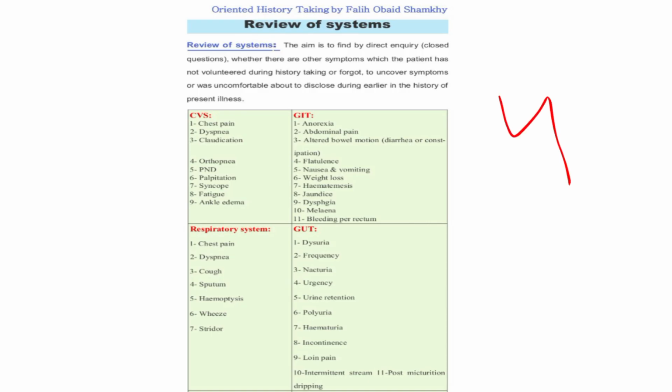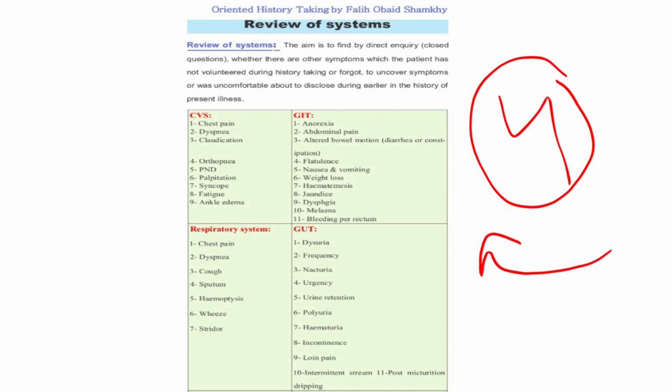And the next, fourth thing, we have review of systems. I told you we will review all the systems. Why is it important? Because most diseases from one system affect another system. The aim is to find, by direct inquiry and closed questions, whether there are other symptoms the patient has not volunteered during history taking.